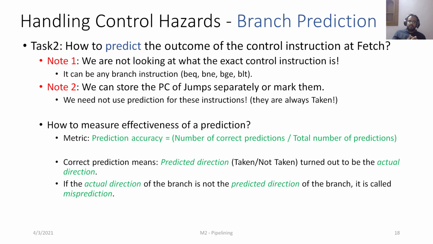If you take an example, say for some particular program we have made predictions for 100 branches, right? 100 times basically, and of those 100 times, 60 times we made a correct prediction. It means that whatever we predicted matched with the actual branch outcome. In that case, the prediction accuracy of our branch predictor is 60 upon 100, so it is 60%.